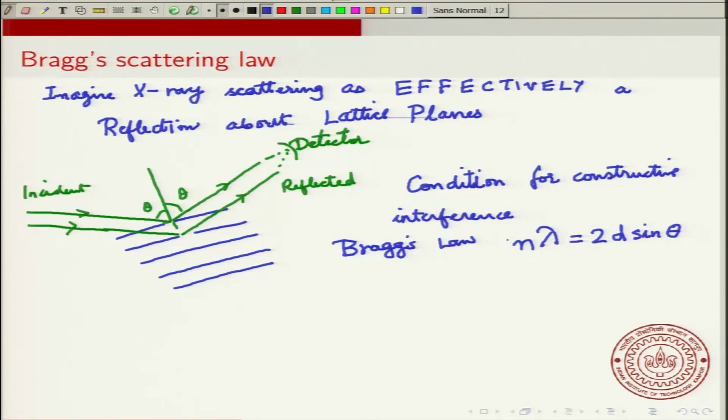This is the very well known Bragg's law, which I am sure all of you have seen before.